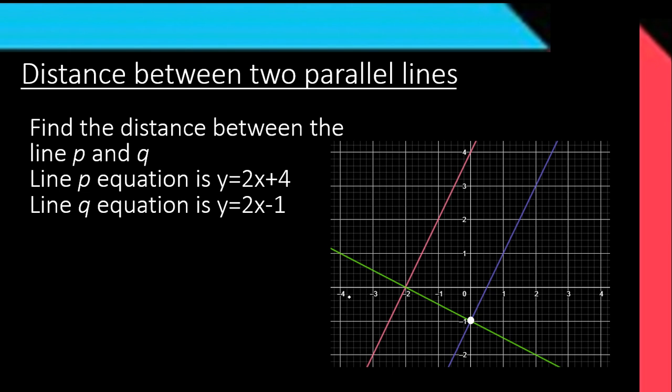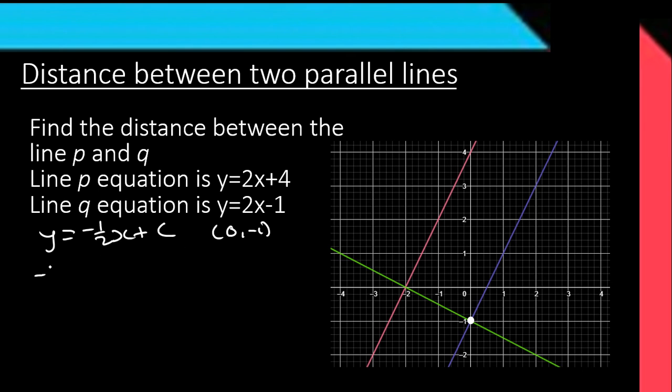Okay, but again, we're going to assume we don't have the graph. And I'm going to try and work out the point where the green and the pink intersect. Okay, so I need to work out the equation of the green line, and then I have to try and do the elimination method to eliminate them. So, first thing I know is that they're perpendicular. So y equals negative 1 over 2x plus c. I know the point 0, negative 1 is definitely on that green line.